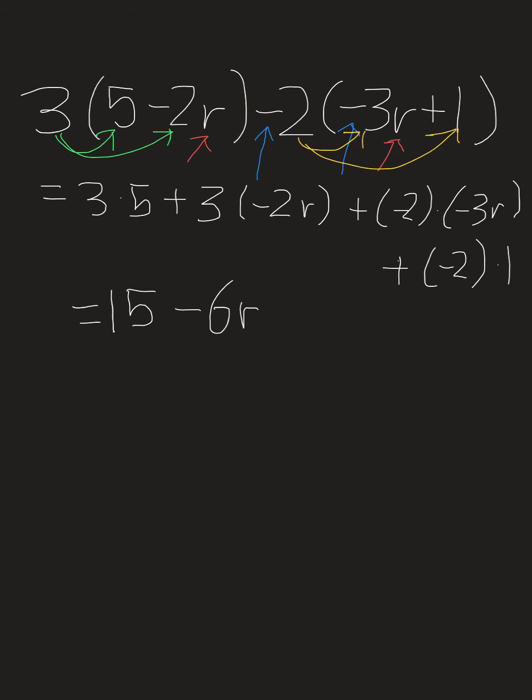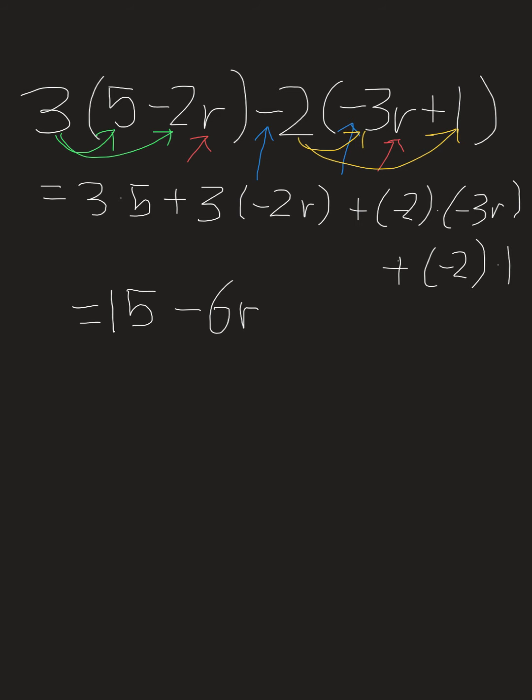Okay, now we have negative 2 times negative 3. Azalea, what's negative 2 times negative 3? What's 2 times 3? 2 times 3 is 6. Good. What's negative times negative? Negative times negative is positive.